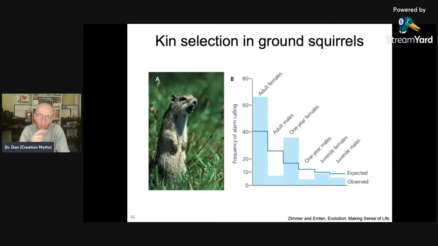This distribution that we see here is exactly what we would predict from Hamilton's rule. It matches exactly what the math tells us the behaviors should be and what their frequencies should be. It's beautiful. I cannot emphasize enough just how beautiful this prediction is: we have this theory, we have the math that says this is what should happen.